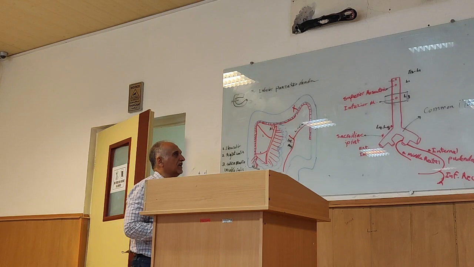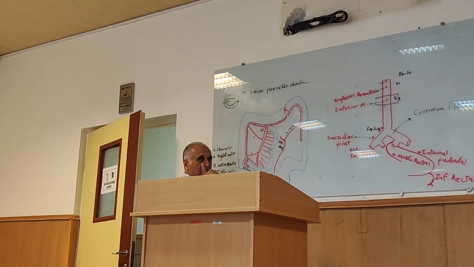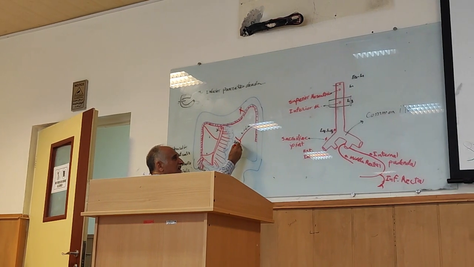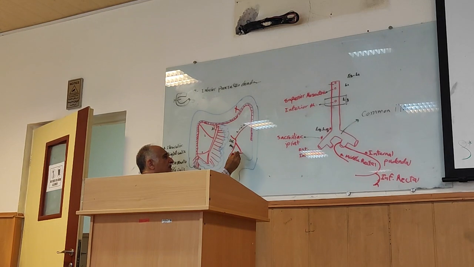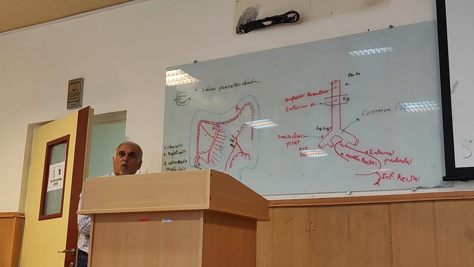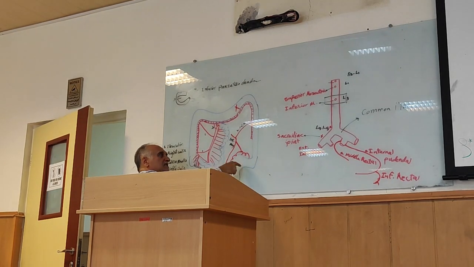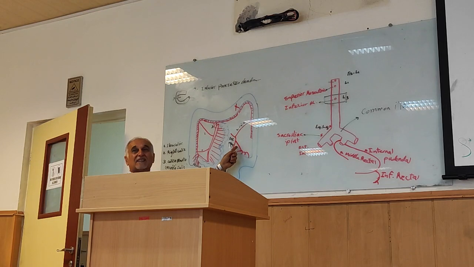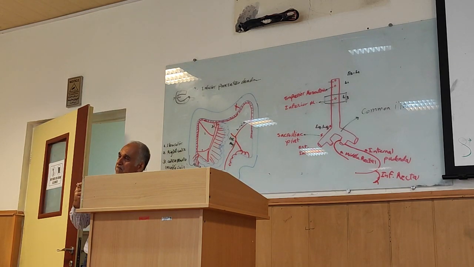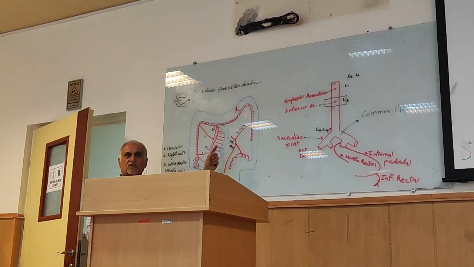Be careful. Okay. Another branch here maybe has a main trunk like this and supplies all parts of the sigmoid, or they separate separately from the inferior mesenteric. But it's common that they have a main root, or common root.